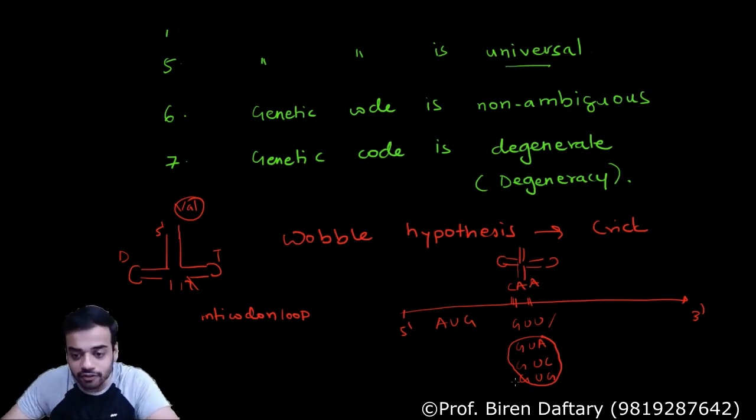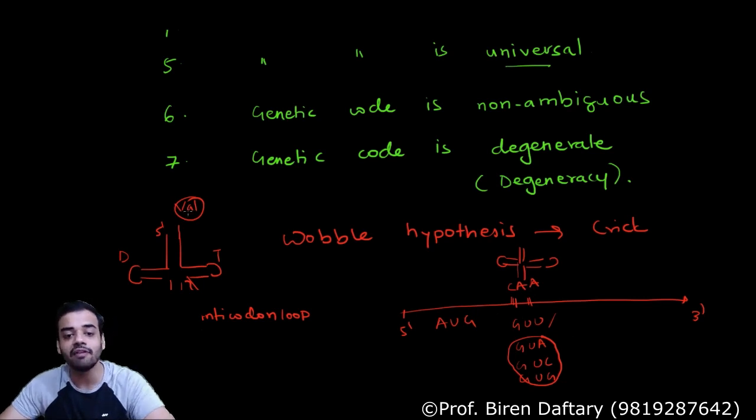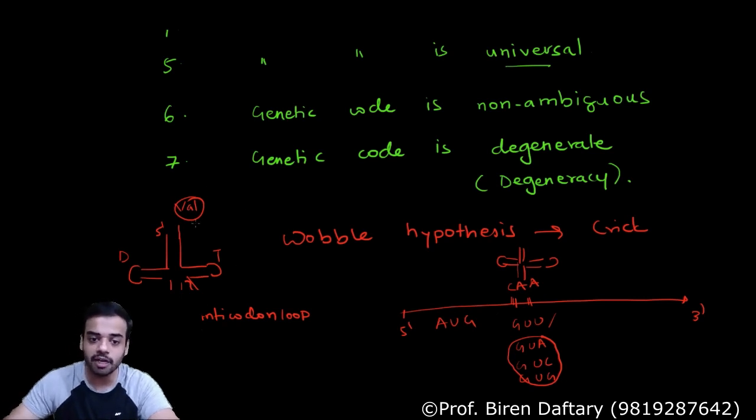So any of these codons can code for valine. Please remember, valine can only be brought by this tRNA having CA. This sequence will not change. Otherwise you will say, what if I change this? No, tRNA will always remain the same. So if the amino acid is valine, the tRNA will always have this sequence only. Only the codon's last nucleotide can change.